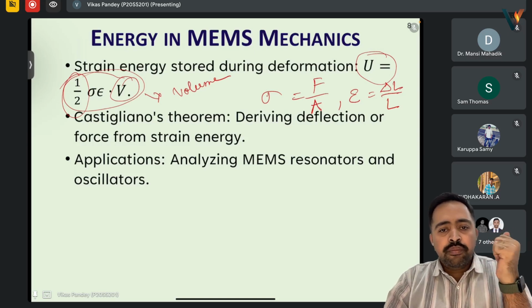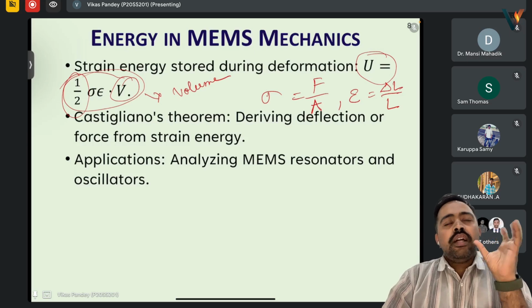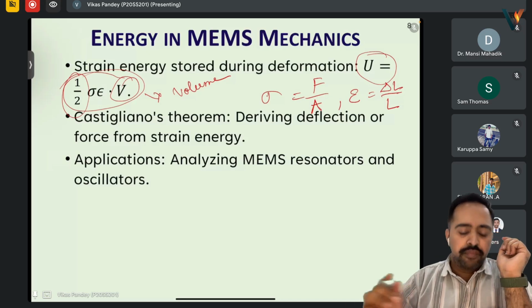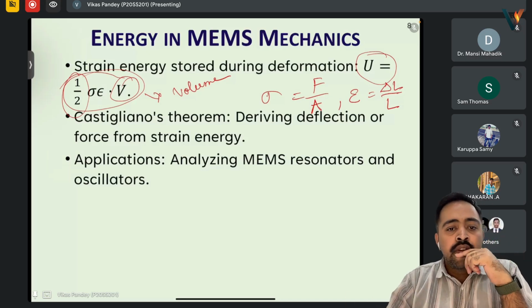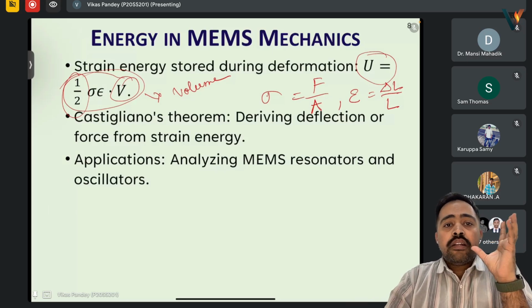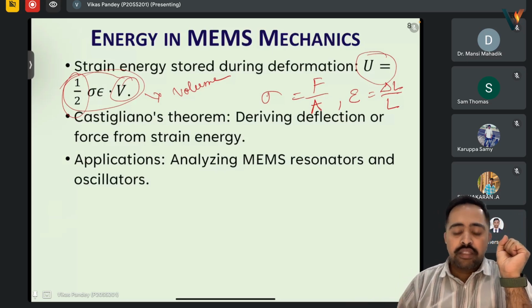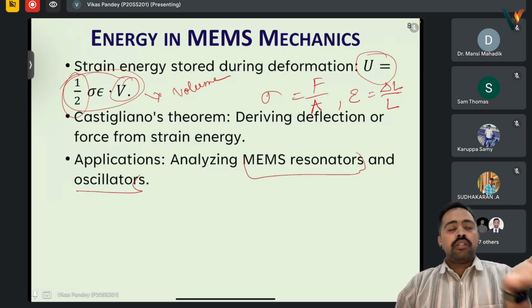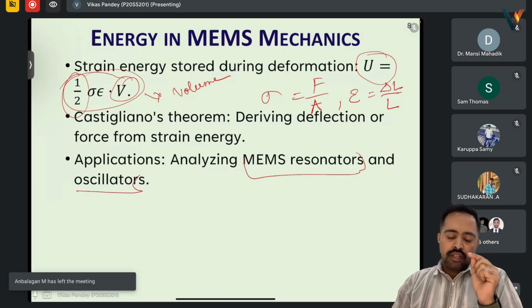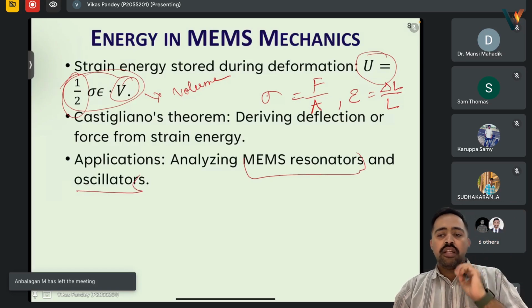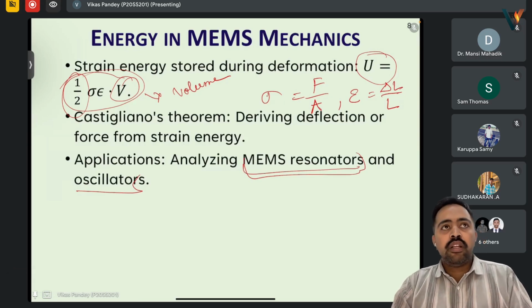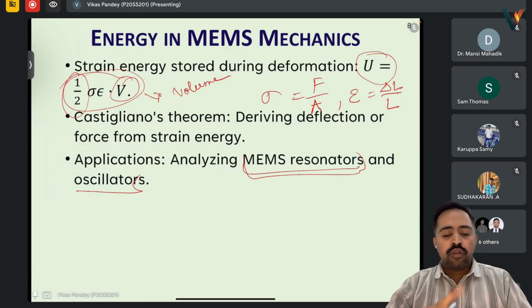There is a related Castigliano's theorem that helps us derive deflection or force from the strain energy. This whole thing is used to analyze MEMS resonators and oscillators. One application I have shown you is AFM, and the MEMS cantilever has many more applications, like MEMS resonators, specifically when we need to know the frequency.